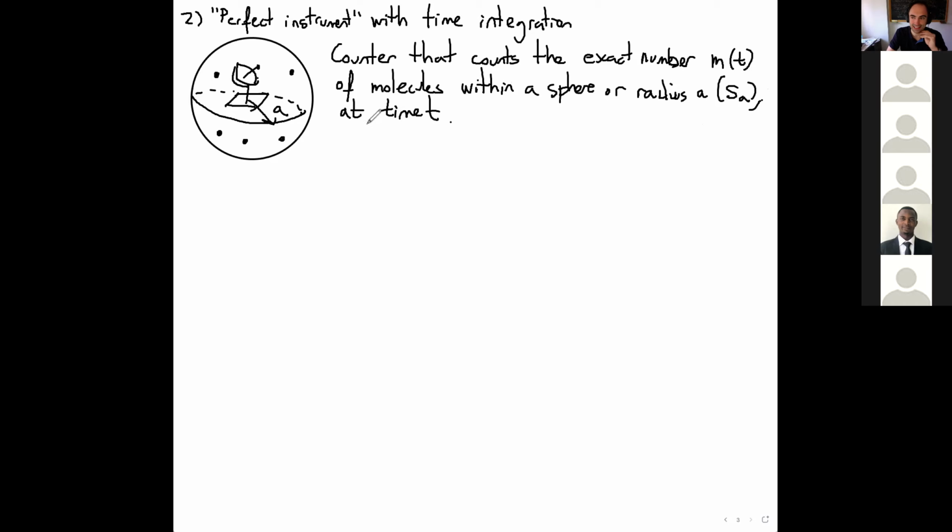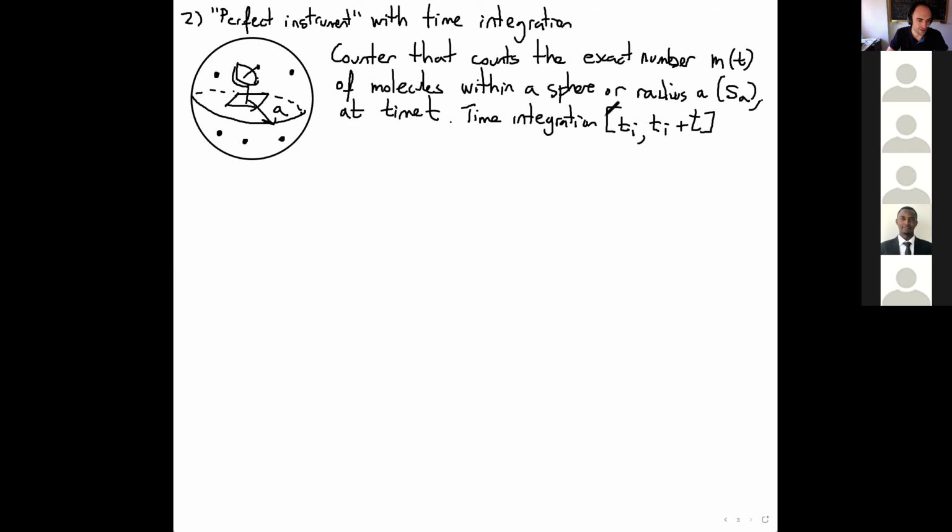And we will say that the way this device works is that it does time integration between a time ti and a time ti plus t. Before I was saying 0 to t, but now time 0 doesn't exist for a cell. So it will start measuring at ti, the initial time, and then measure for a time window of length t.